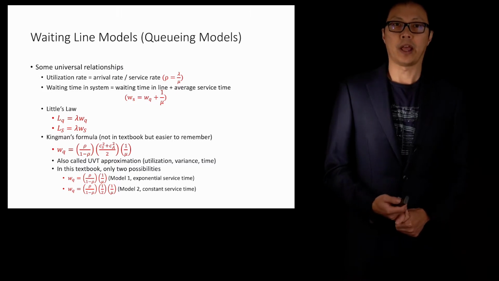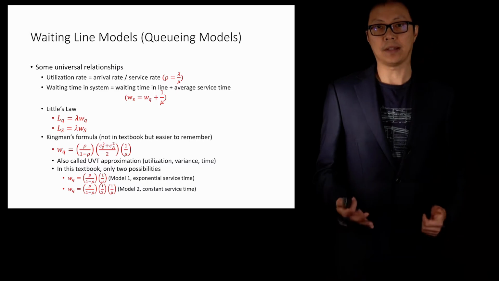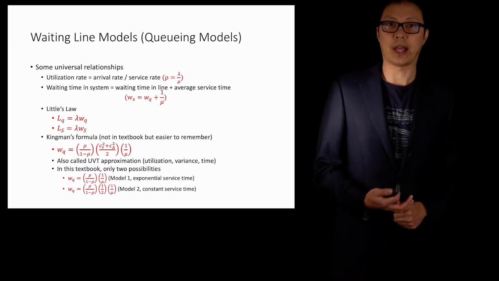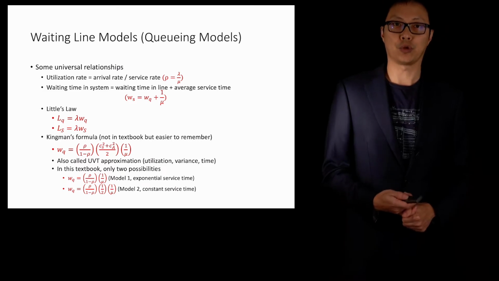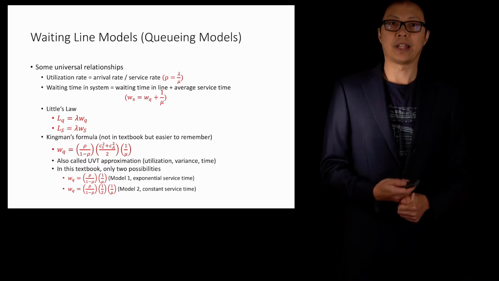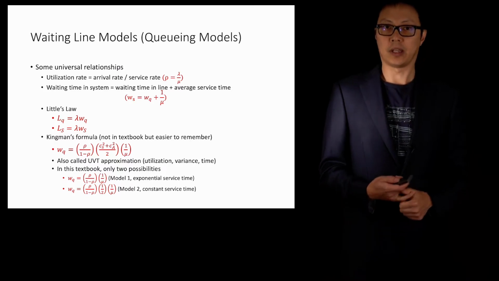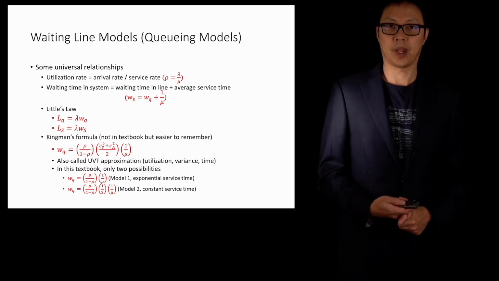That is, LQ equals lambda times WQ, or LS equals lambda times WS. In English, the number of customers in line equals the arrival rate times the waiting time in line, or the number of customers in the system equals the arrival rate times the total time in the system.